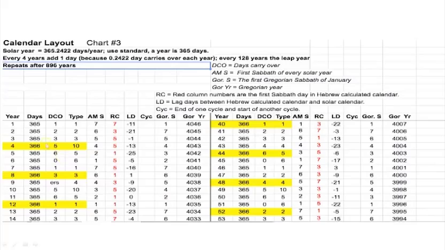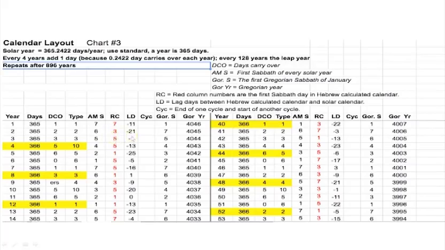We have to go into the second year, and there you'll see again, year 2, 365 days. It is a 2-day carryover, a type 2 year, and this time the Sabbath occurs on the 6th. Well, this is what we went through when we were doing the work initially. It was on the 6th. But the first Sabbath of the Hebrew calendar is going to be on a different day. And that first Sabbath is on the 3rd.